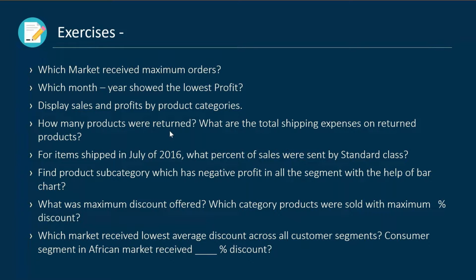First of all, which two fields do we need here? Return status and shipping cost. And how to find the number of products returned? Count the return products.